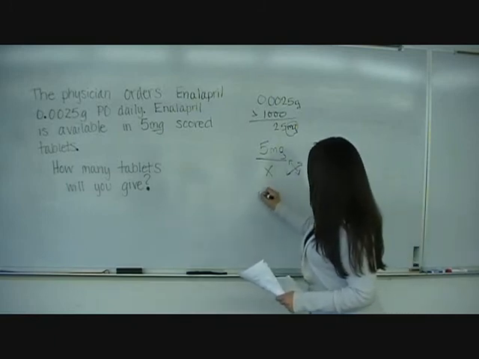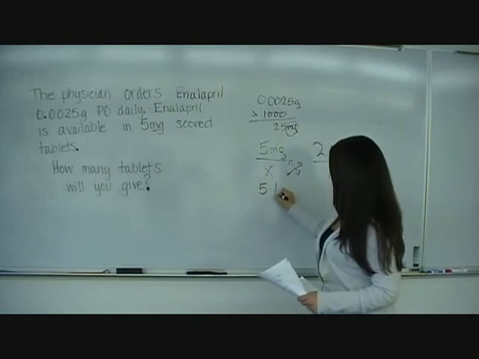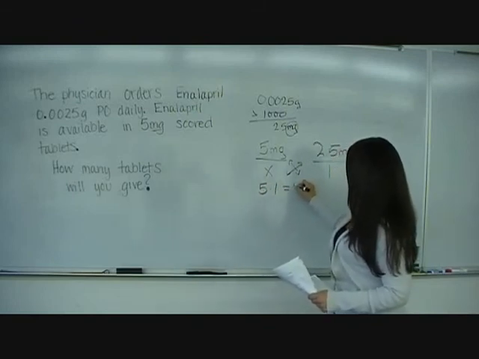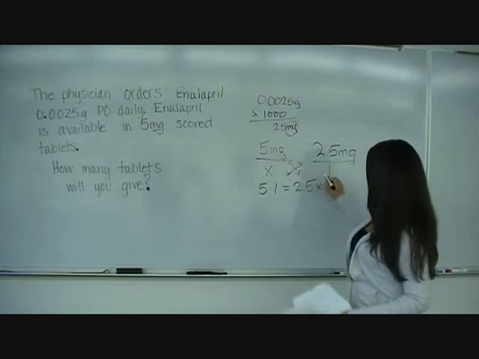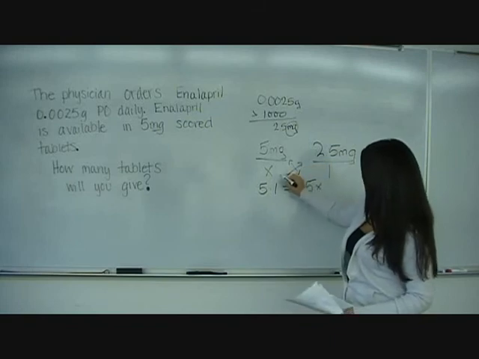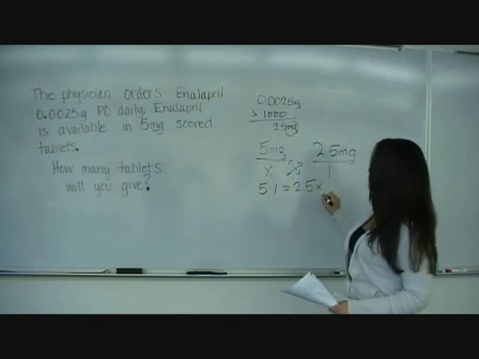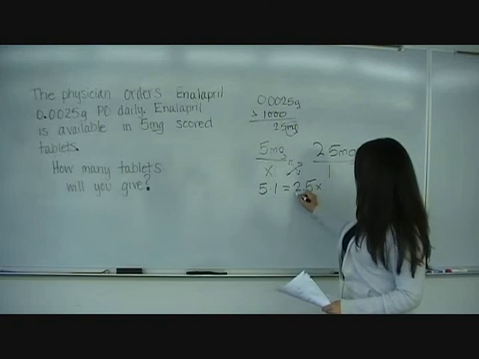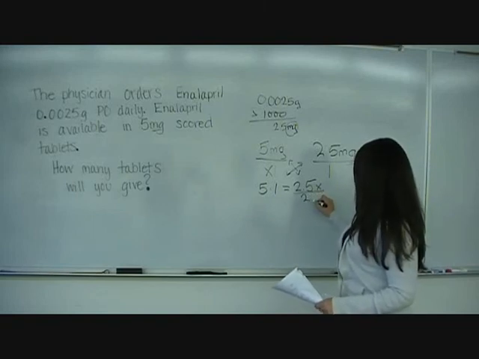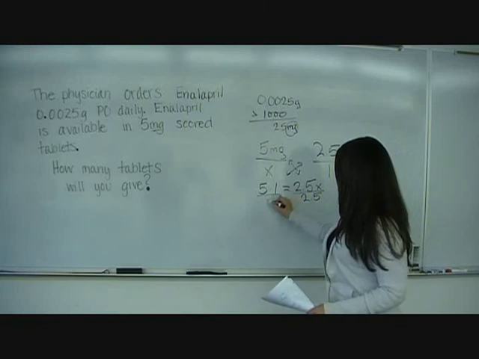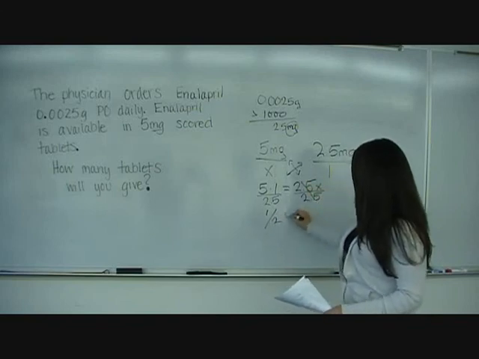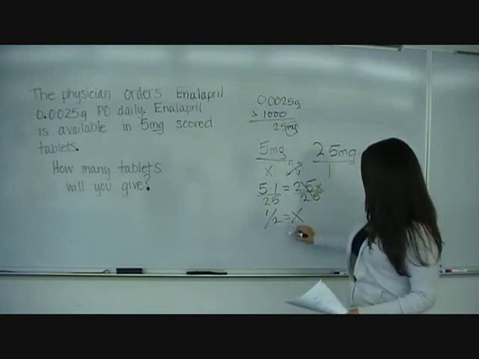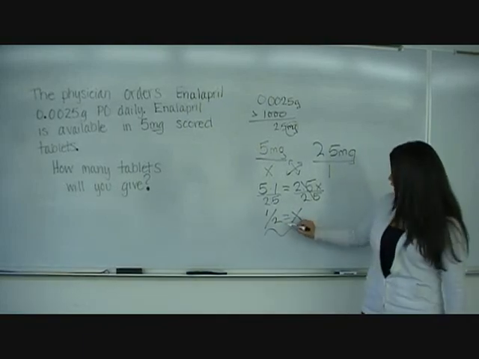So you have 5 times 1, which is 5, equals 2.5x. Now we need to get this x by itself, and to do that we'll divide 2.5 out of each side of the equation, giving us 1/2 equals x. So this is your answer. You'll need 1/2 a tablet.